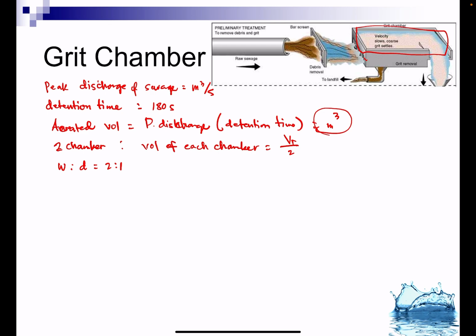And the length of the channel: the volume of each chamber divided by the width and the depth gives you the length.